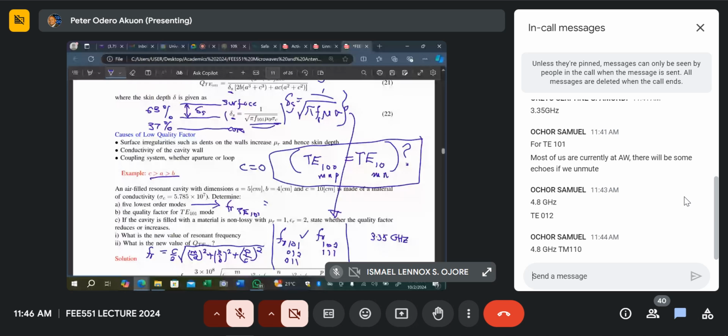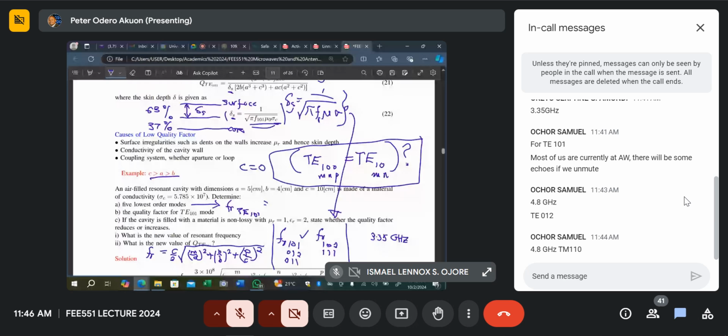What about the quality factor? Can somebody compute the quality factor? We say the quality factor is Q. We want just TE101. You will get used to this, you'll master them.